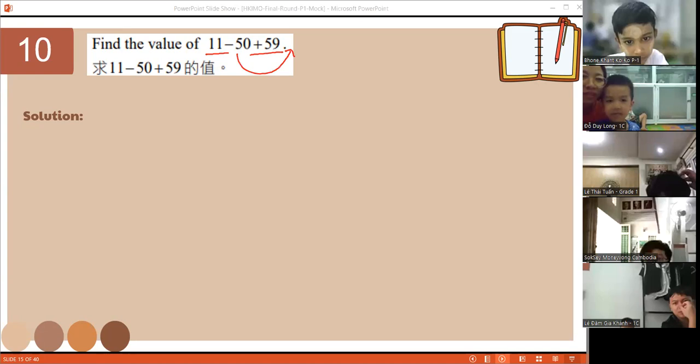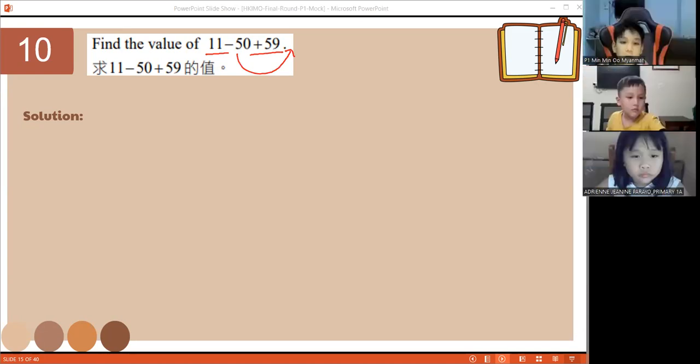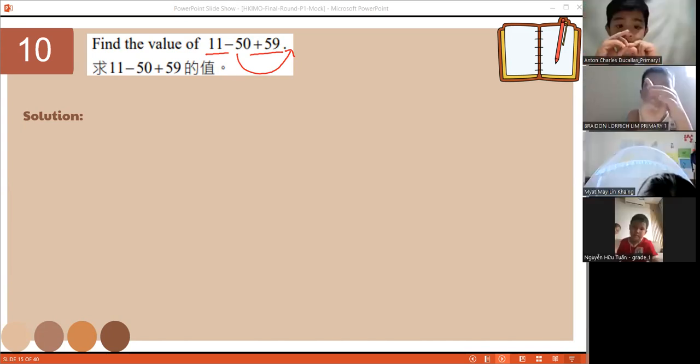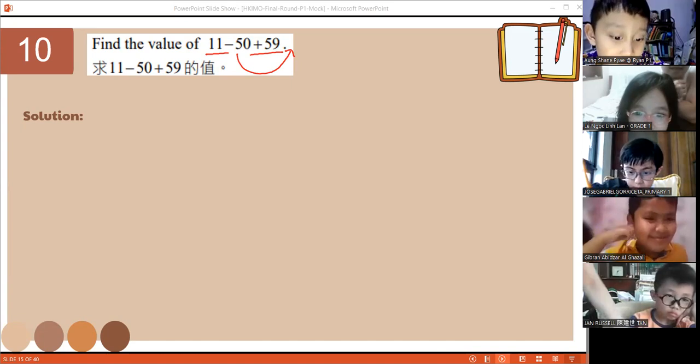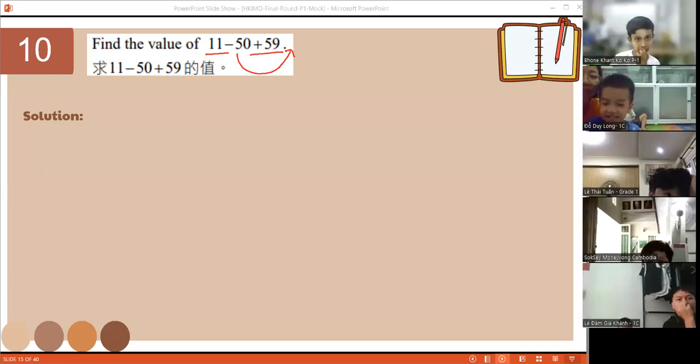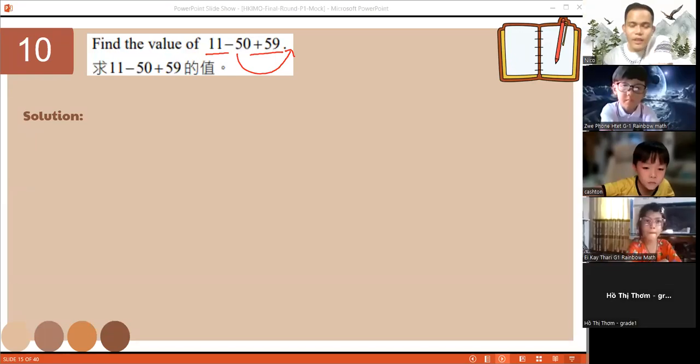That is negative, like 11 minus 50 is a negative number. There are some students here that don't know negative yet. So what you're gonna do is we transfer it first.